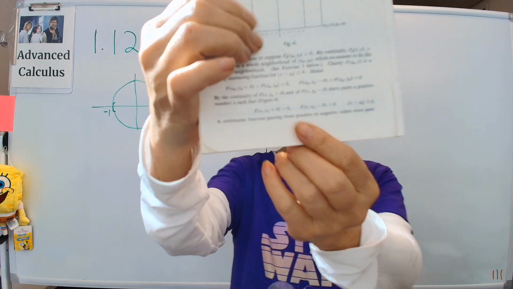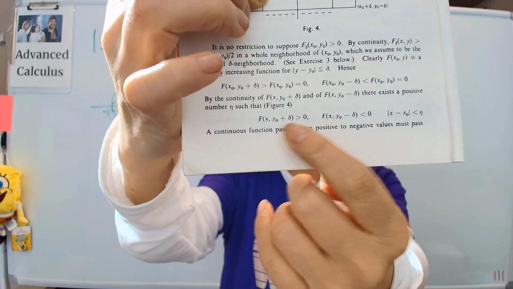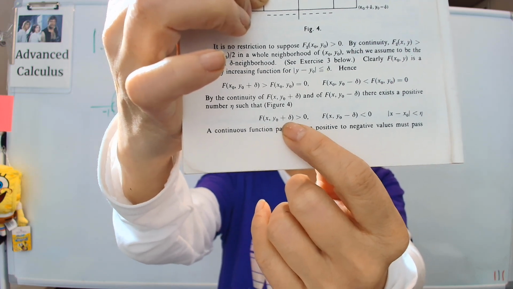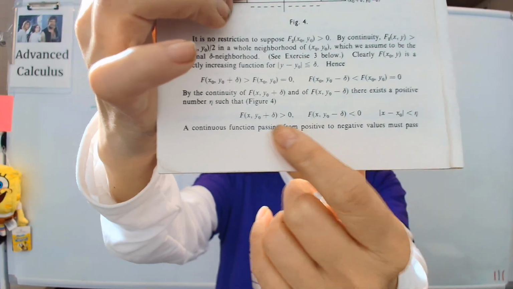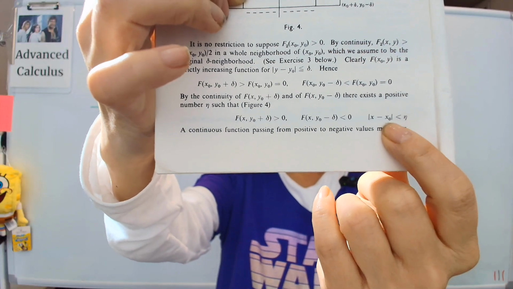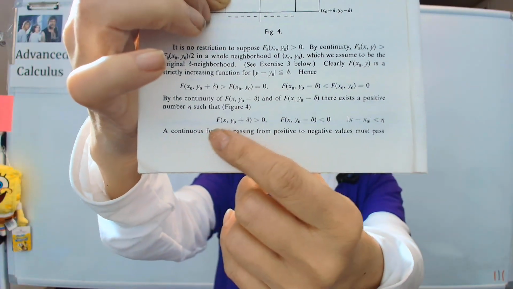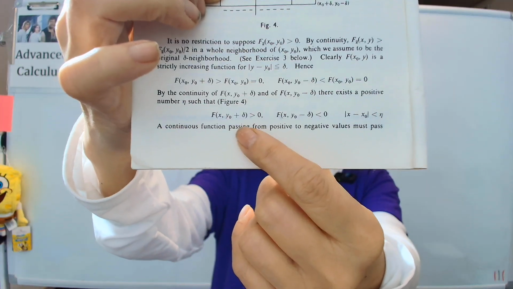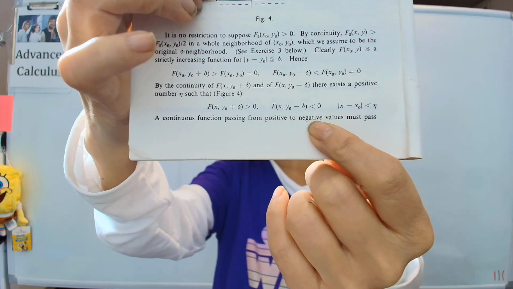That is, as y goes from y0 minus delta to y0 plus delta, there's an x neighborhood, within x0 a little eta neighborhood, where F is also bigger than 0 on the plus side and less than 0 on the negative side.